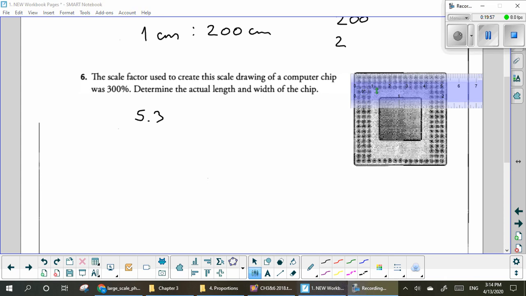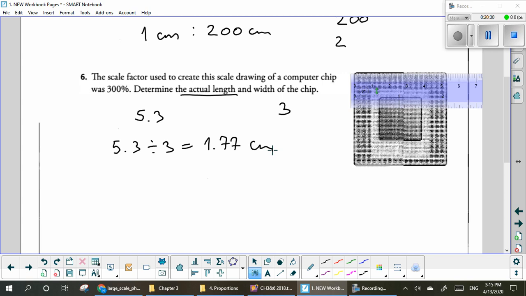So if you kind of remember that 300% really is a scale factor of 3. So that means if we have something that's enlarged to 5.3 and we wanted to find out the original, the actual length of the real chip, we just have to go backwards. So in this case, we're just going to divide 5.3 by 3, and that's going to give us one of these sides. So let me just grab my calculator. It says 1.77 centimeters.